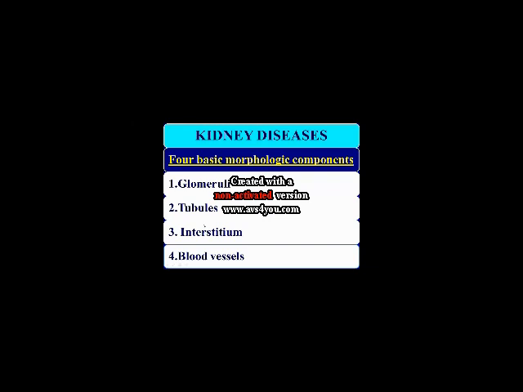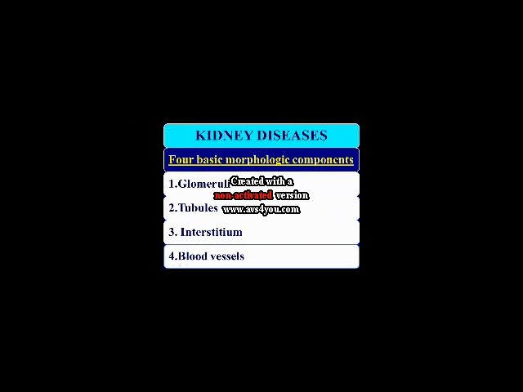Now, kidney diseases are categorized on the basis of their 4 main morphological components. So we have a group of diseases which are glomerular diseases, then tubular diseases, interstitial diseases, and diseases of the blood vessels. In the initial stages of disease, all of these have distinct clinical features.